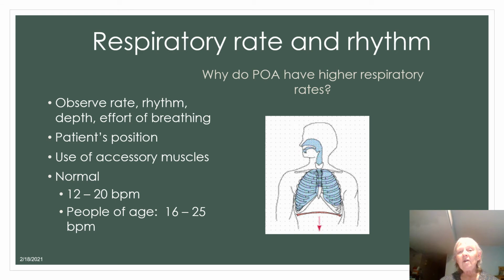Respiratory rate and rhythm. We just talked about why patients have higher respiratory rates. Take a look at how they're breathing. Are they just using their upper portion of their lungs? You can teach them how to breathe. Remember, you learned that in therapeutics. How are they sitting? One of the things we talk about when we talk about patients in the ICU, their knees are sitting on their chest underneath their chin, and they're saying the patient's not breathing well.